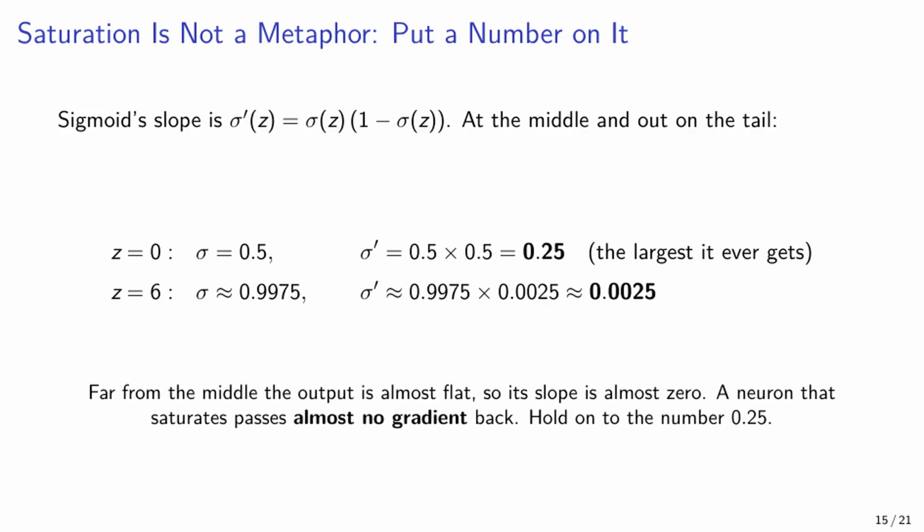So far from the center, the output is almost flat, and its slope is almost 0. A neuron that saturates passes almost no gradient backward. Hold on to that number, 0.25, because the next section is built on it.